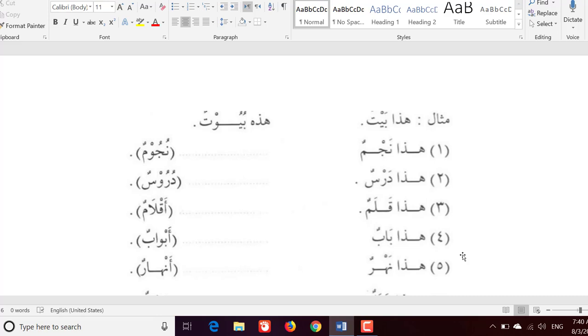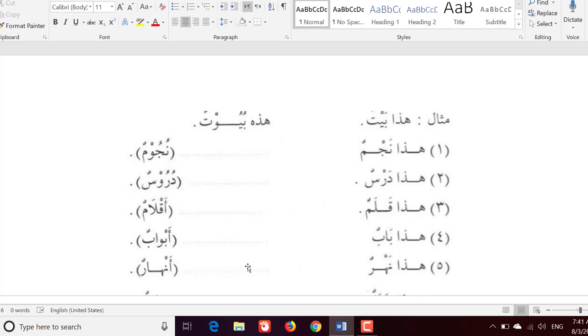We're used to using haula'i for plurals, but because these are non-human, then we're going to use hadihi. So just like the example says there at the top, هذه بيوت, هذه نجوم, هذه دروس, هذه أقلام, هذه أبواب, هذه أنهار. So these are stars, these are lessons, these are pens, these are doors, these are rivers.